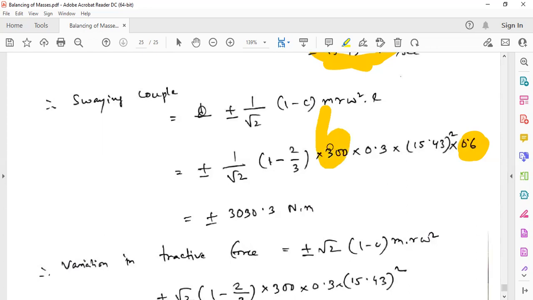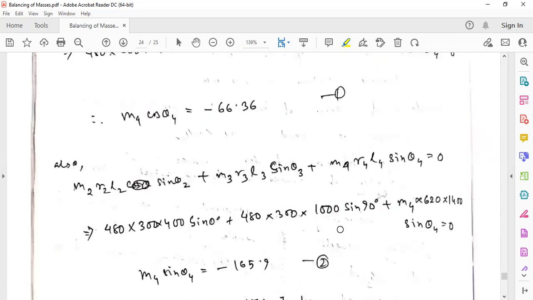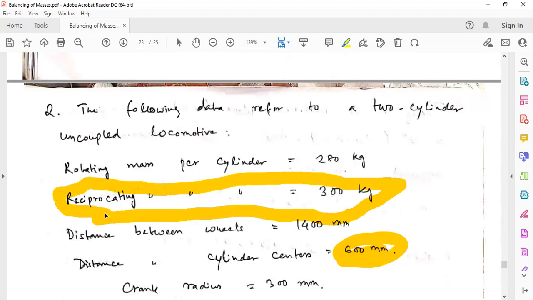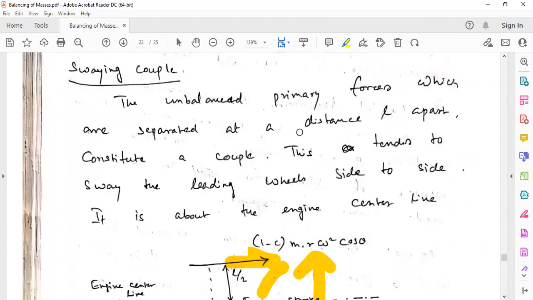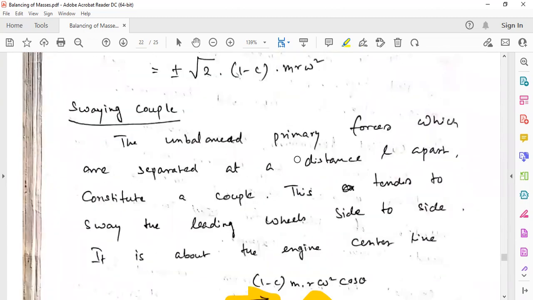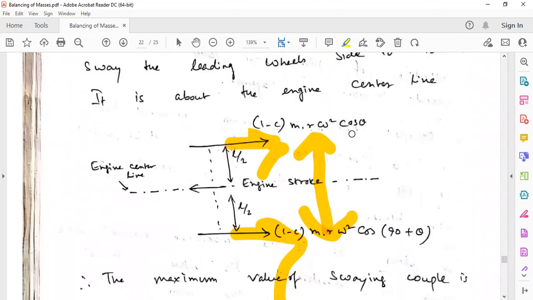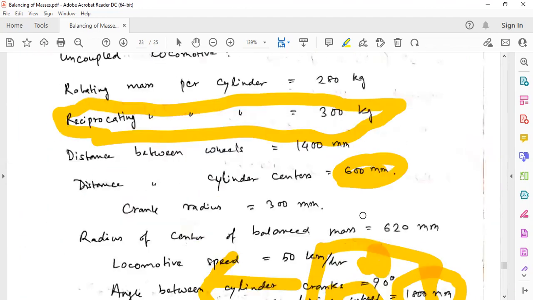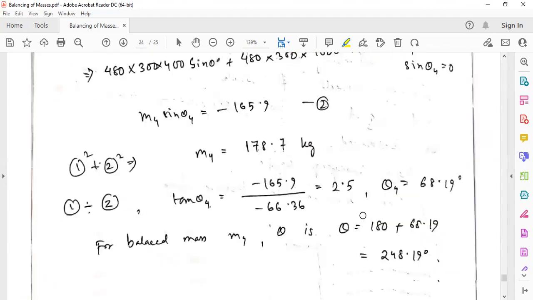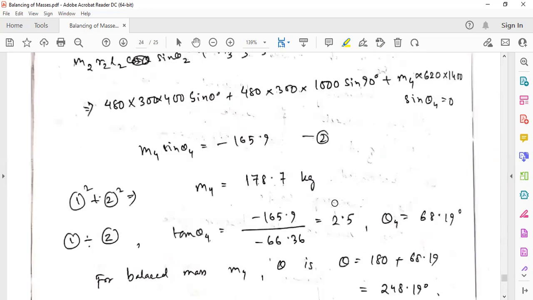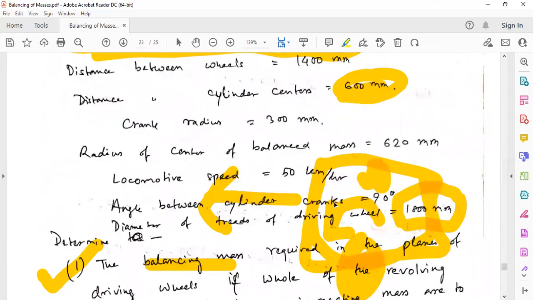M is 300. Now why M is 300? Again, let's go back to this one. The reciprocating part. So swaying couple is caused by the reciprocating part, isn't it? Here you can see the unbalanced primary forces, which cause a couple because of the reciprocating parts. These are reciprocating unbalanced forces. So that's why this mass will be reciprocating mass only, not the total mass.